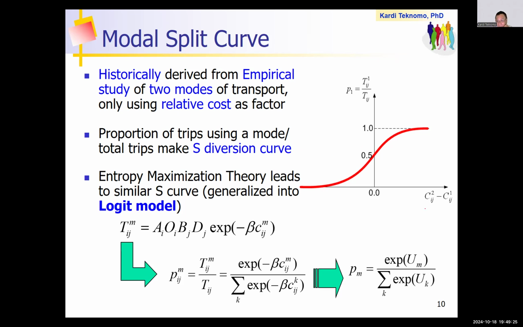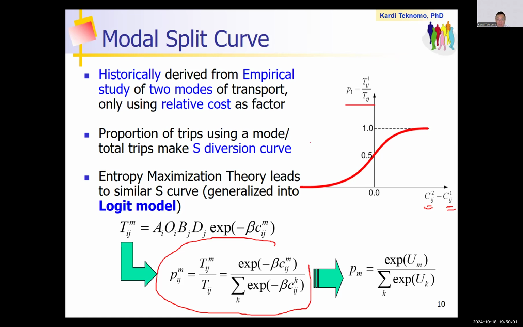Then we want to find the cost of mode 2 minus the cost of mode 1, and based on the logistic function, it is this formula. So the curve will be like a sigmoid, an S curve. And this is the probability of Dij divided by the total.